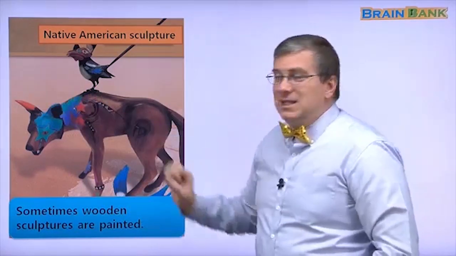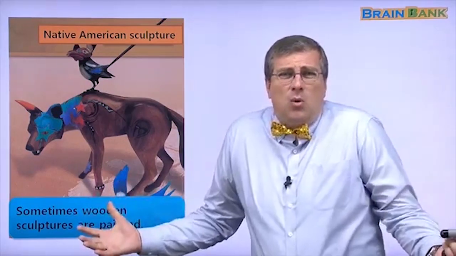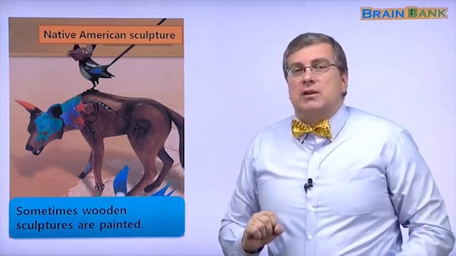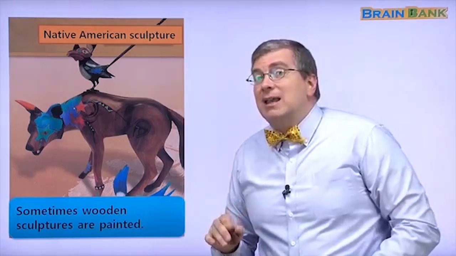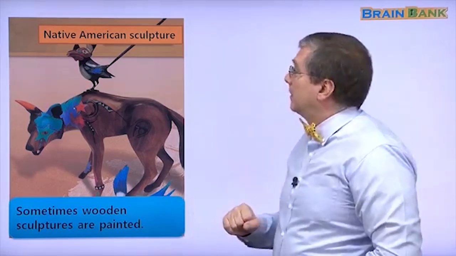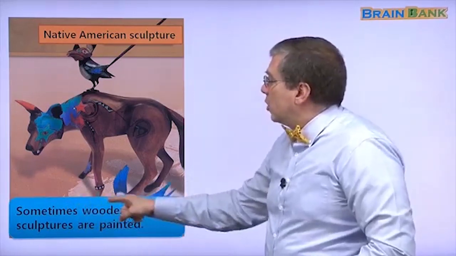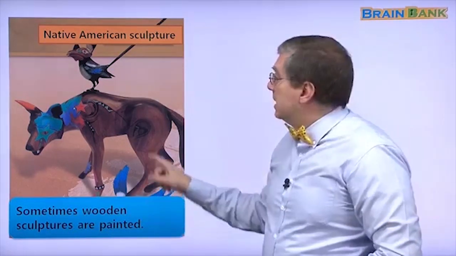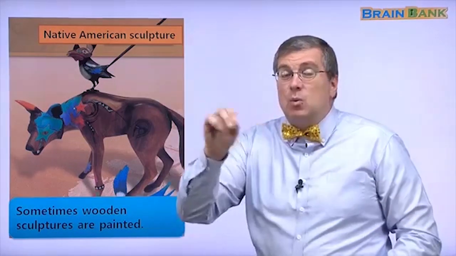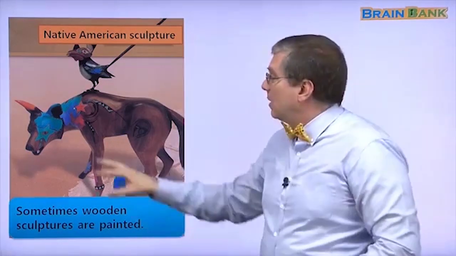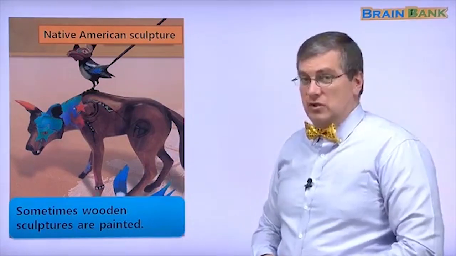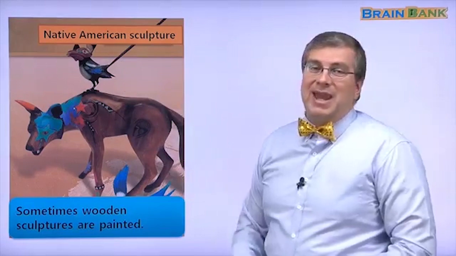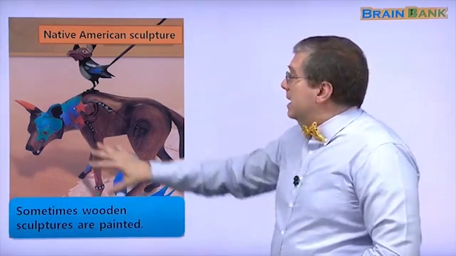So we see many different colors. How did those colors get there? Those colors are made by paint. Okay? Sometimes wooden sculptures are painted. So we can paint wood easily, and we can paint wooden sculptures. So they've painted the dog and they painted the bird.